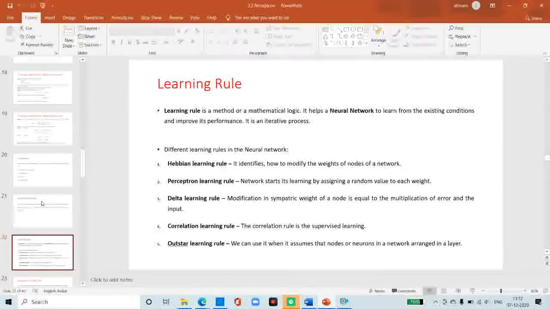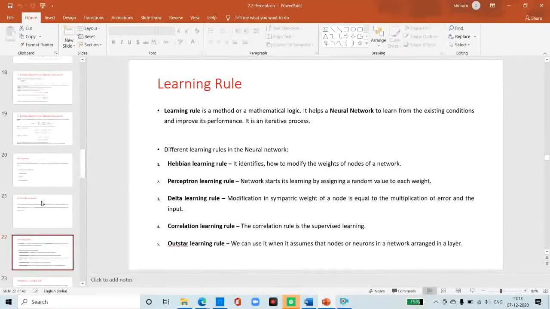Applying a learning rule is an iterative process. It helps a neural network to learn from the existing conditions and improve its performance.